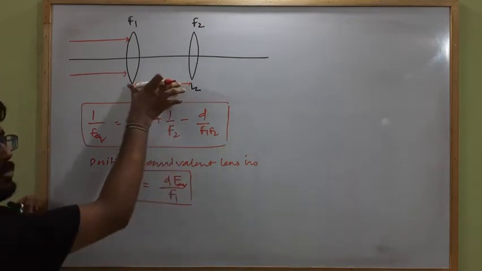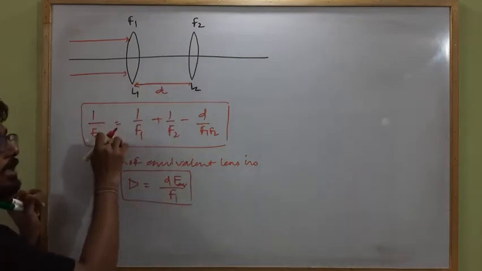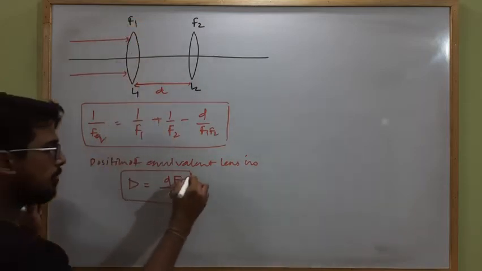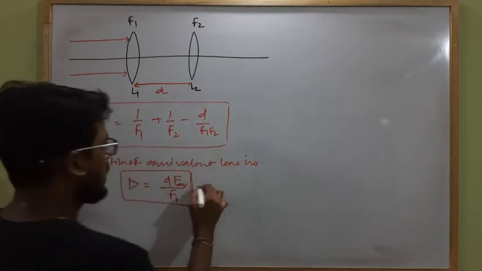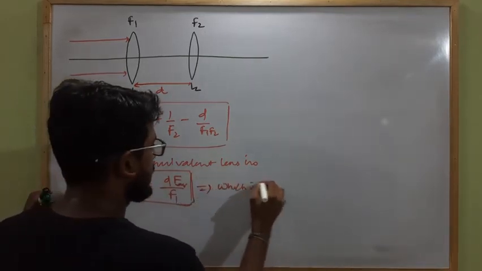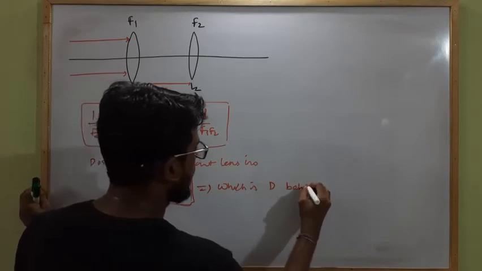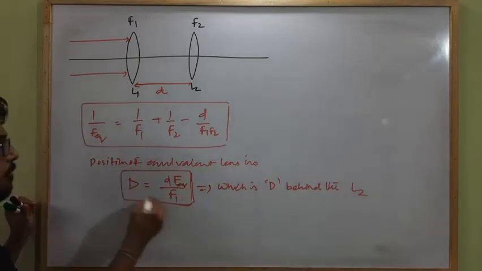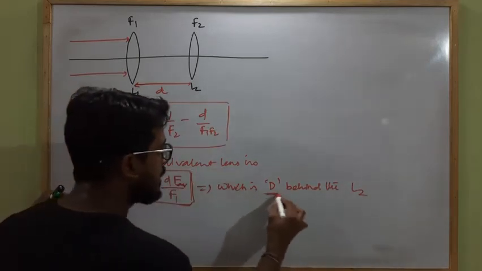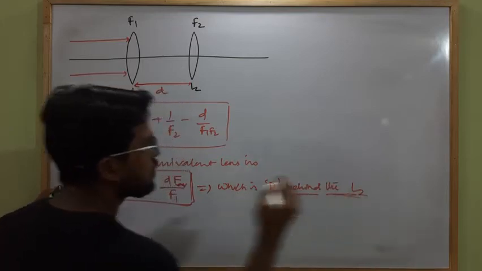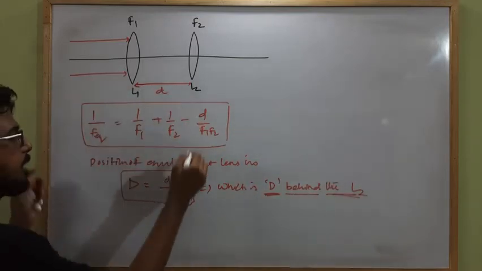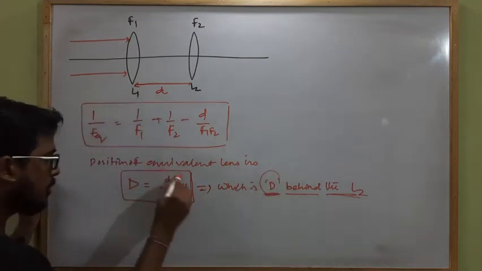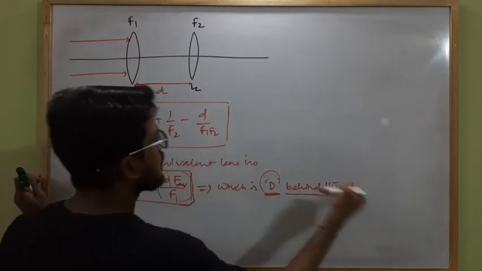D is the separation between two lenses, into F equivalent, the equivalent focal length of the combination, divided by f1, the focal length of the first. This will be the position of the equivalent lens, which is placed D distance behind the lens 2. Clear? This is the equivalent focal length and this is the position of the equivalent lens, which is placed this much distance behind the lens 2.